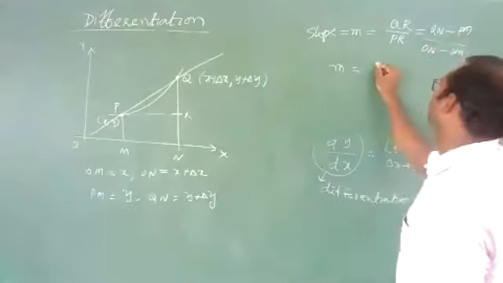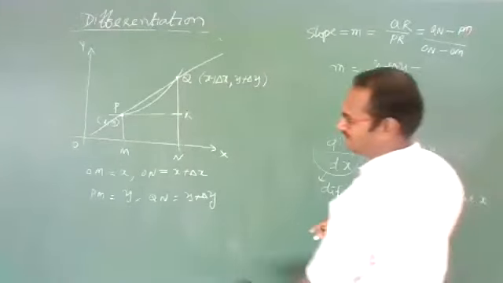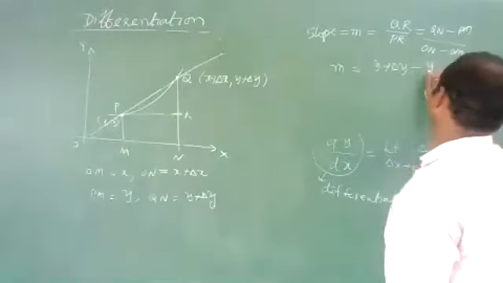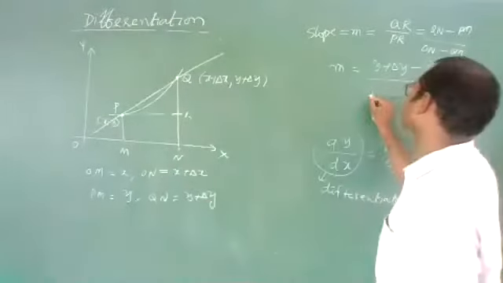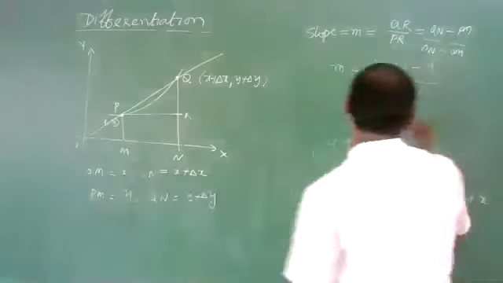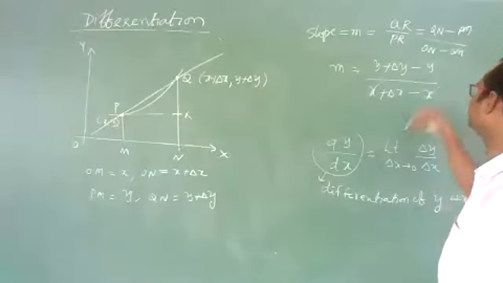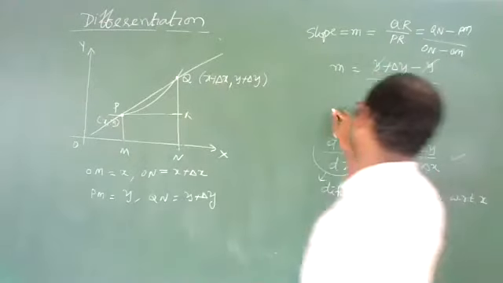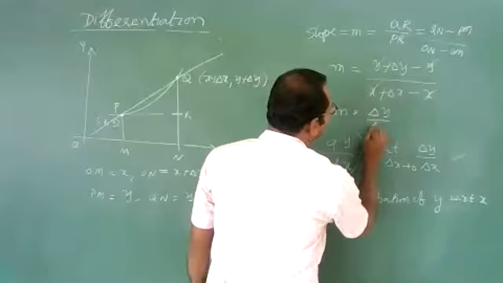Y plus delta Y, minus PM. What is PM? Y. Divided by ON, what is ON? X plus delta X, minus OM, which is X. What do you get? Plus X minus X cancel, plus Y minus Y cancel. You will get slope equal to delta Y by delta X.